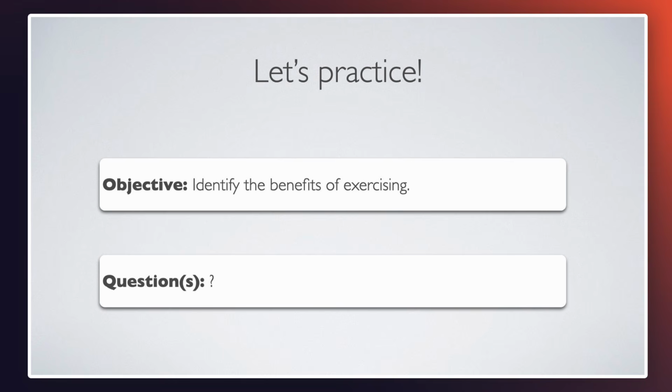Usually what I do when I'm writing a question is I just take the same action verb or a similar action verb and write it. State 5 benefits of exercising. Perfect. Select all options that provide exercise benefits. Perfect. And what are the benefits of learning? Amazing.